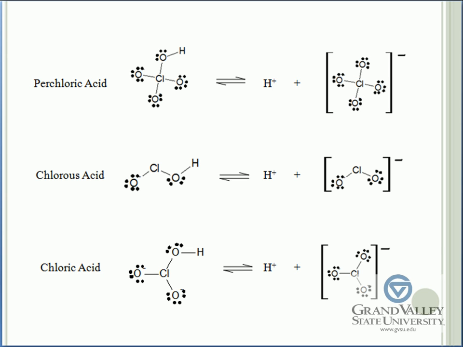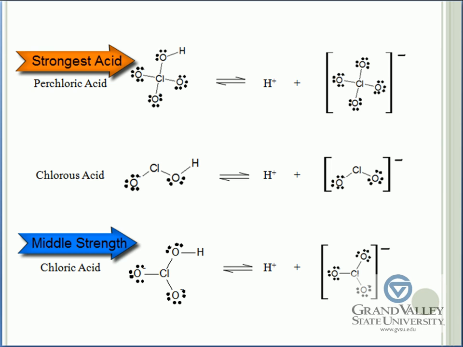This will make the conjugate base more stable. Thus, perchloric acid would be the strongest of the three acids because of the inductive effect. Also, because of the inductive effect, chloric acid would be stronger than chlorous acid. And therefore, the next strongest acid would be chloric acid, and the weakest acid would be chlorous acid.